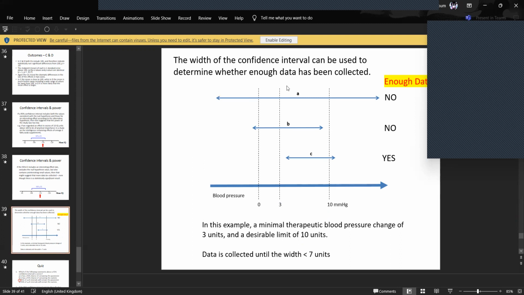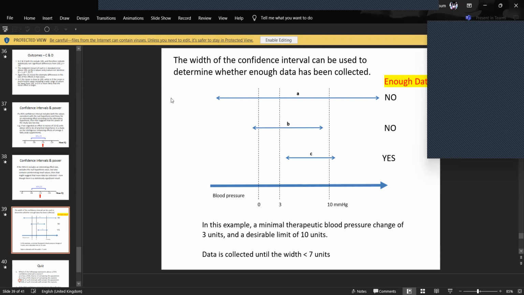And so the width of the confidence interval can help tell you whether or not you have enough data, right? So in this example, the minimum desired blood pressure change that they're looking for is 3 millimeters mercury, right?